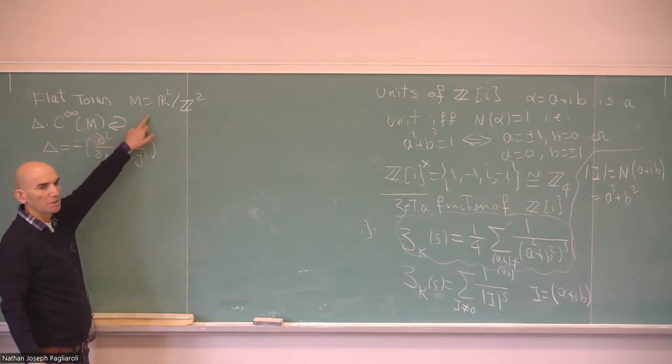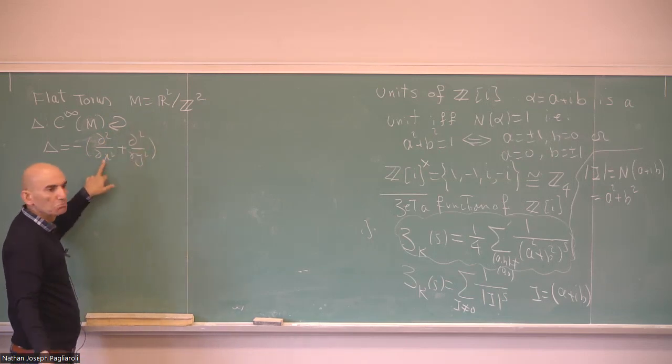The smooth functions on this manifold M are just doubly periodic functions, and the Laplacian is the usual Laplacian because it's flat, meaning there's no coefficient.